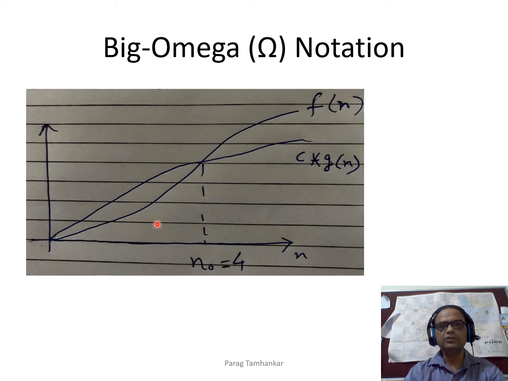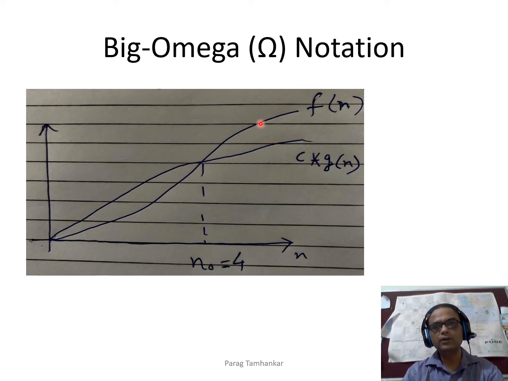But once n naught was 4, at that time both sides were equal, 28 minus 4 is equal to 6 into 4, 24. And once it exceeds 4, we always know that f of n is greater than or equal to c into g of n. So f of n would never go below c into g of n. So we are going to place a lower bound.